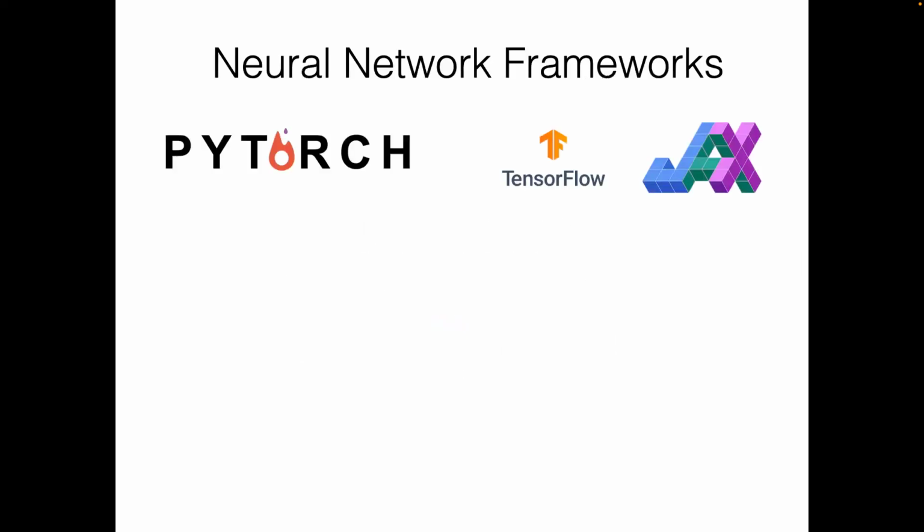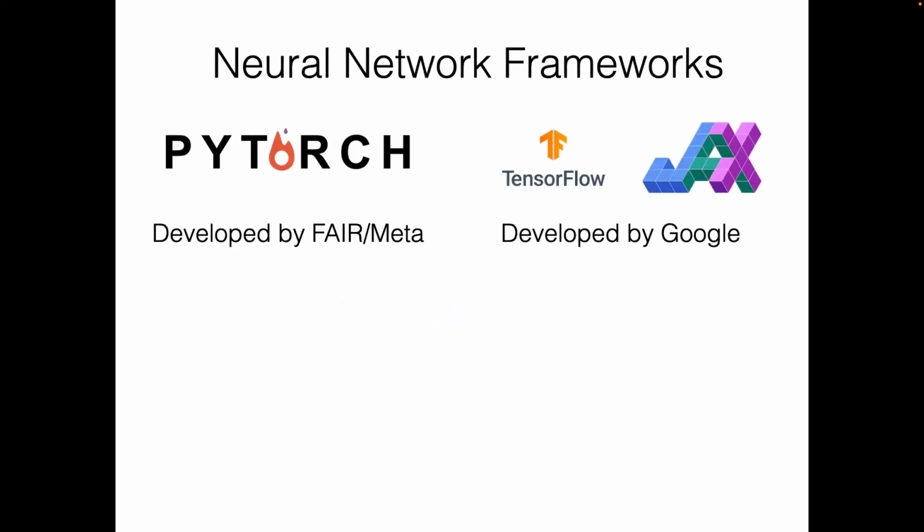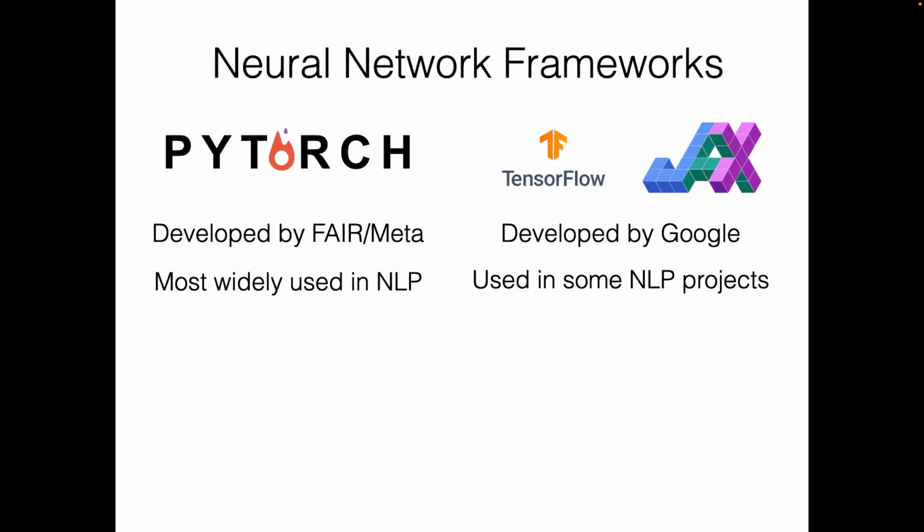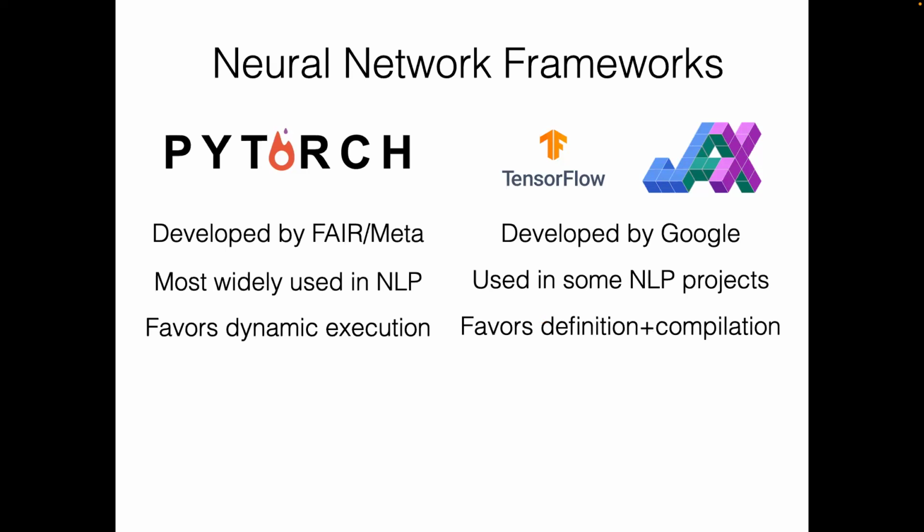Nowadays we have different neural network frameworks: PyTorch, TensorFlow, which I think is used less nowadays, and JAX. This comparison slide was made by Graham. PyTorch, I guess, is probably the most widely used in NLP. They do have different properties, especially TensorFlow versus PyTorch. PyTorch was designed to have dynamic execution.